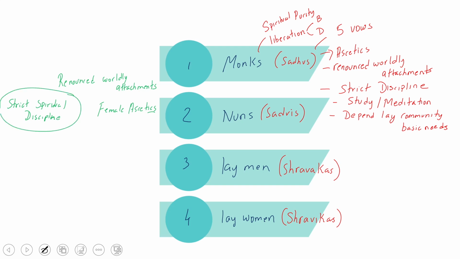That means vows included. So when it came to their life, we see that they lived an ascetic life following the 5 vows.